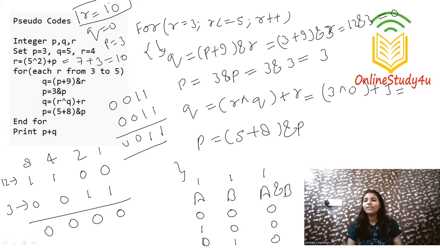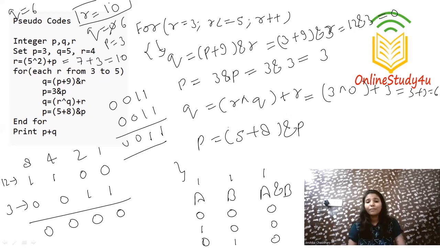Now, if we are performing XOR operation with 0 and another value, the other value will remain as it is. So 0 XOR 3 or 3 XOR 0 will be 3 only. So 3 plus 3 will be 6. This time Q value is 6. I am writing here Q value is 6 this time.